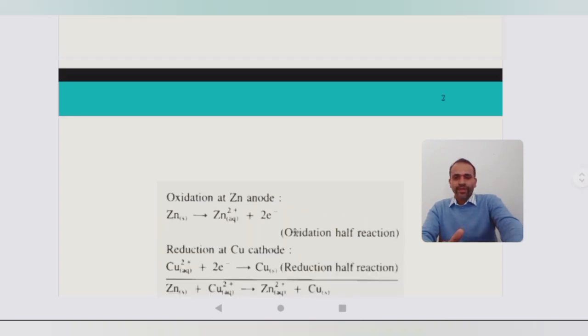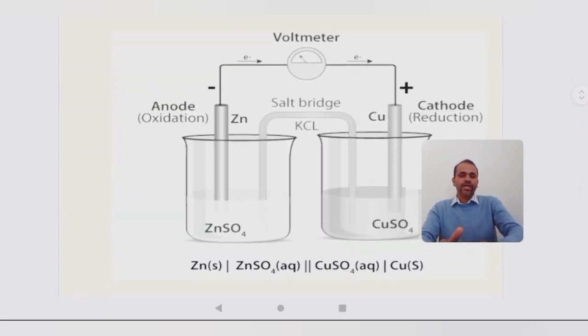When you look at the diagram again, you can see there is a bent glass tube called a salt bridge. It is filled with an electrolyte like potassium chloride. You can also see the electrons passing from anode to cathode.